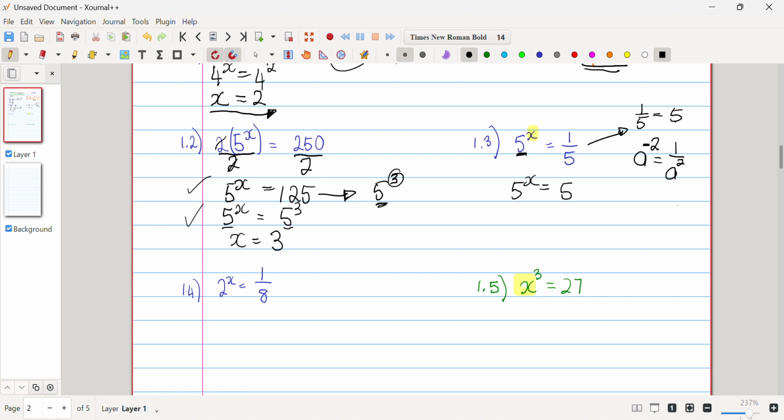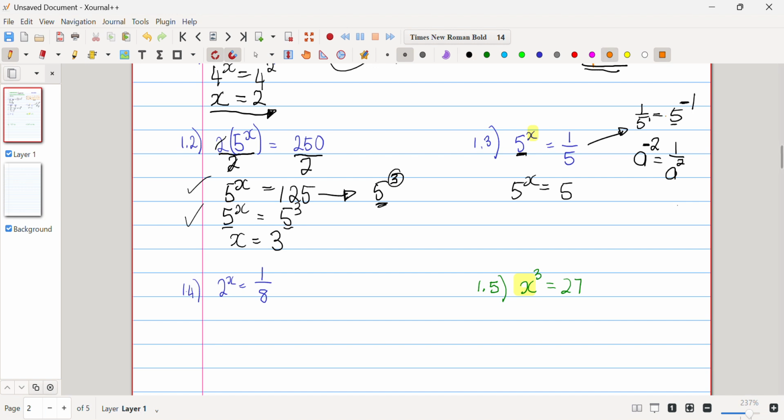So now over here, if this is 1 over 5 to the power of an imaginary 1, and I want to bring this and make it a base like this, I can write this as 5 to the power of negative 1. Let's have a look at this example: a to the power of negative 2 is the same as 1 over a to the positive 2. So 5 to the power of negative 1 is the same as 1 over 5 to the positive 1.